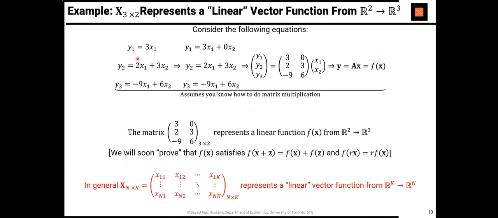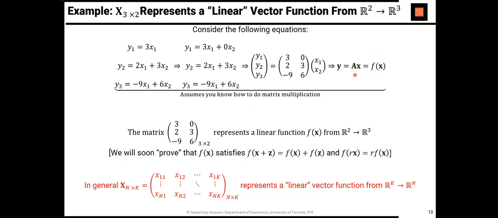If I slightly rearrange this, you'll notice that 3x1 is of course 3x1 plus 0x2. Now I'm jumping ahead, I apologize. Assuming that you remember how to do matrix multiplication, everyone agrees that I can rewrite this as the matrix Y equal to this matrix multiplied by X. So your Y is equal to A multiplied by X, and this is a linear vector function.